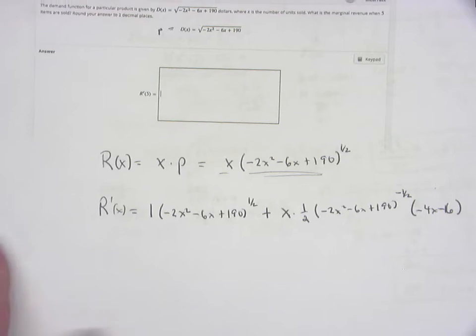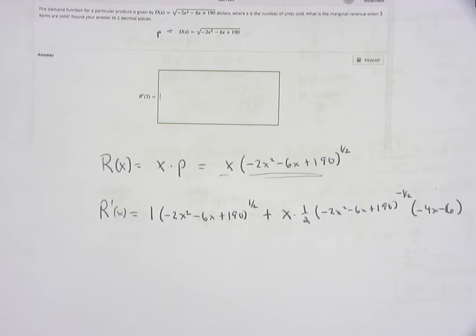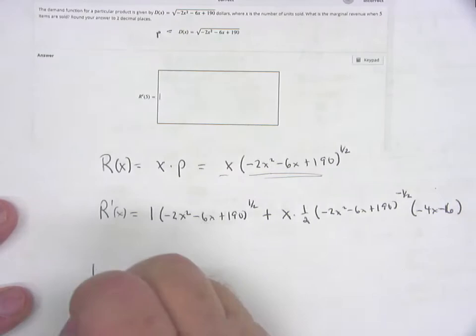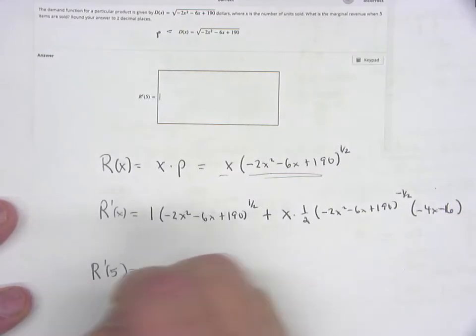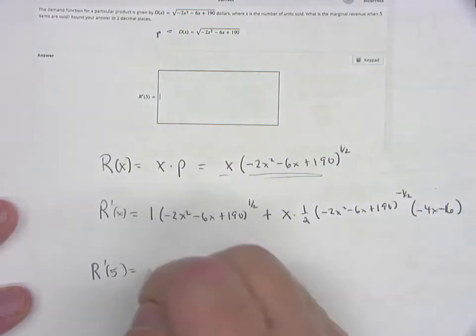They want to know what the marginal revenue is if we sell, how many? 5 units. We're supposed to find R prime of 5. So guess what I'm going to do at this point? Plug in 5. 1 times anybody is anybody.